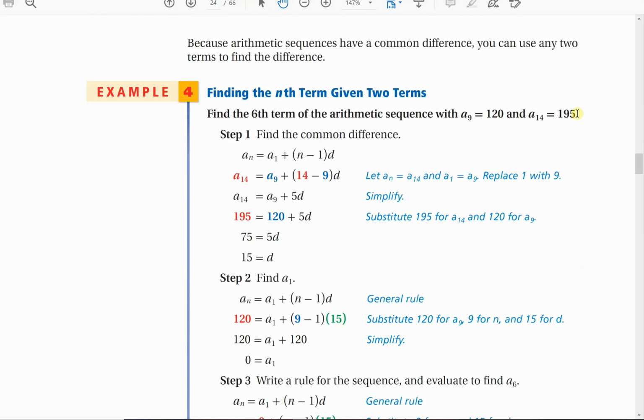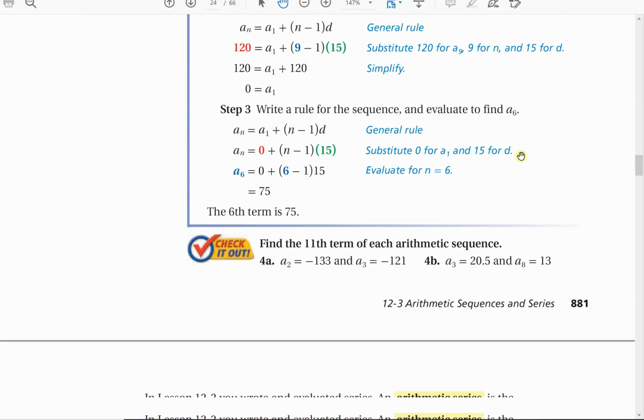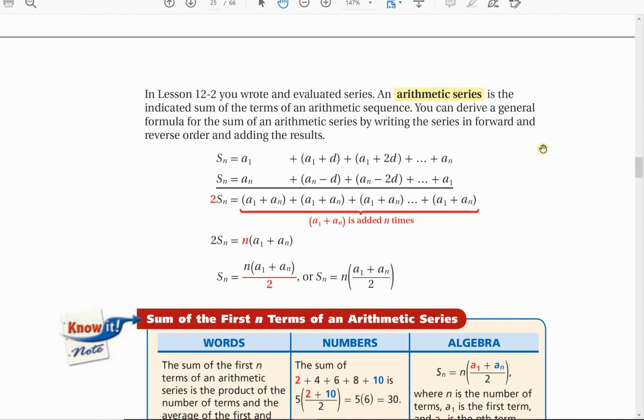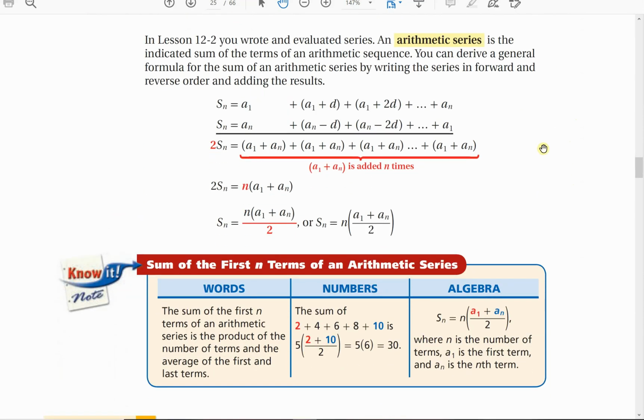All right, so what they don't talk about in the note packet is an arithmetic series. And if you remember, a series is actually a sum of the terms in a sequence. If you have an arithmetic series, you can derive what we call a general formula, S sub n, for an arithmetic series.